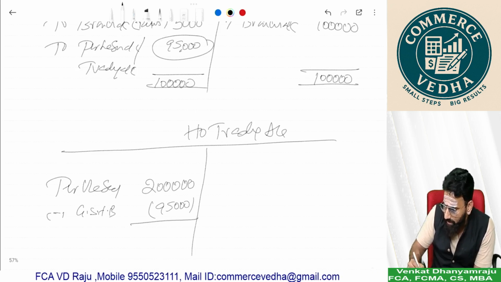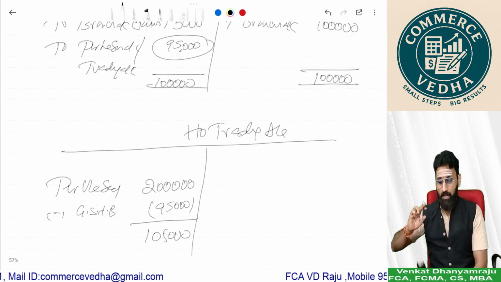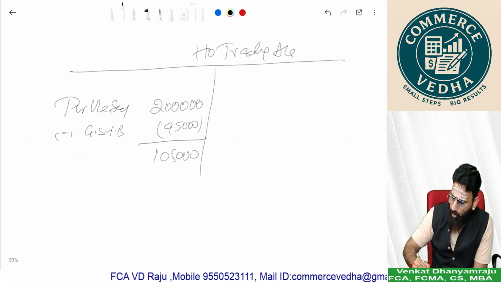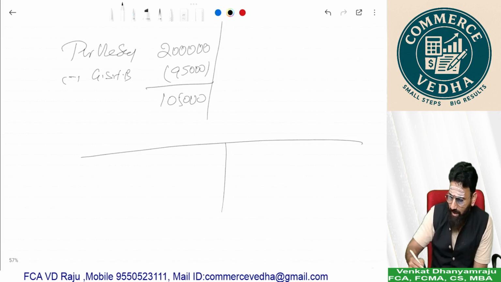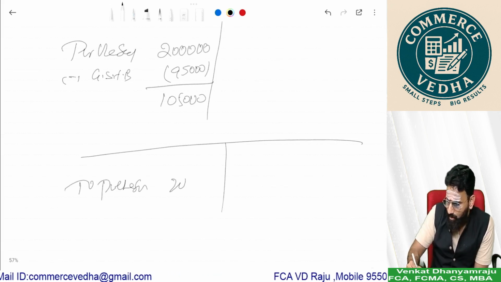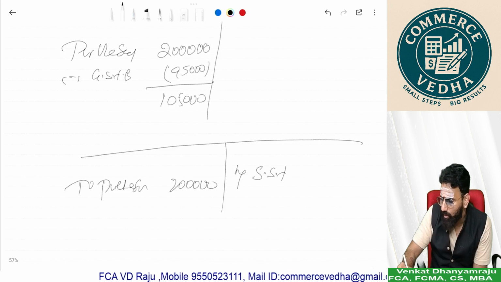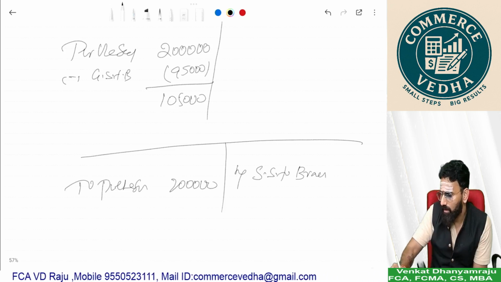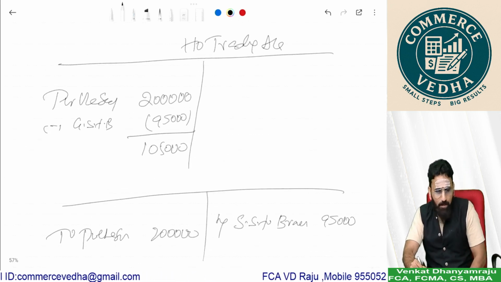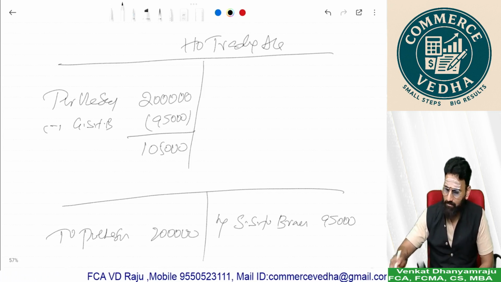So HO's net purchases are 1,05,000 only, because 95 is with the branch. Alternatively, HO can show purchases here 2 lakhs, but write by goods sent to branch 95,000. Whether you debit the purchase or do it in the trading account, the answer will be the same.